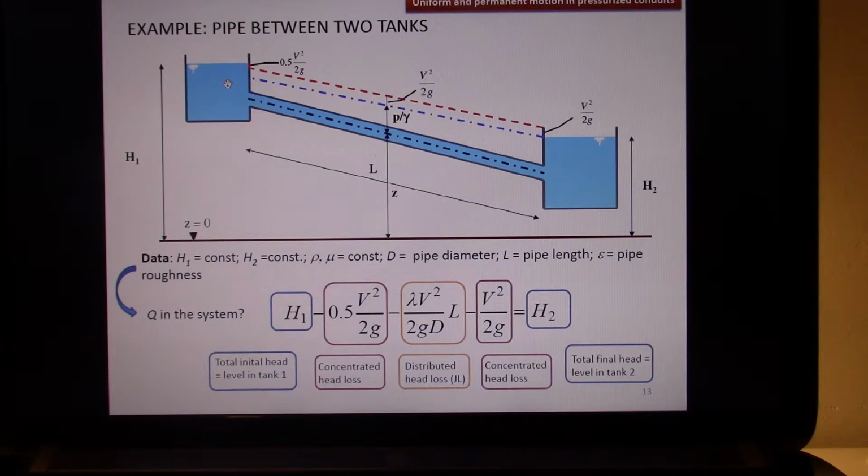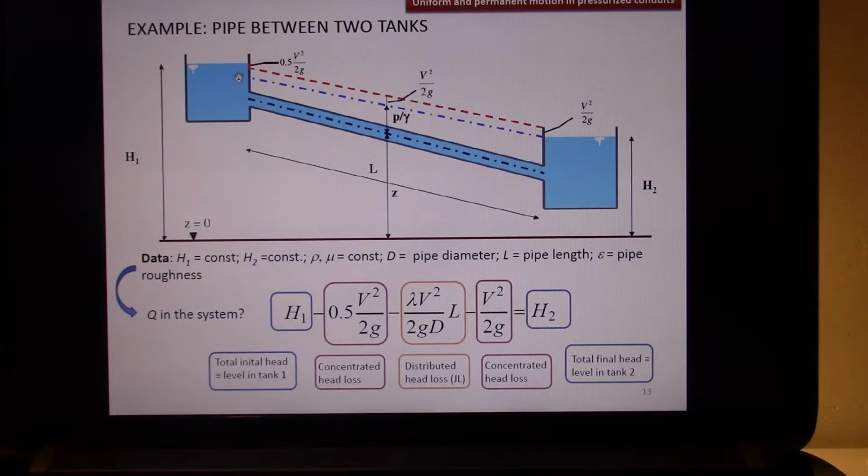Total head in tank number 1. So this total head H1, in this case, since the fluid inside the tank is of course at rest, is equal to the position of the free surface of the fluid. So it coincides with the level in tank number 1. And this is our total head in the first tank.